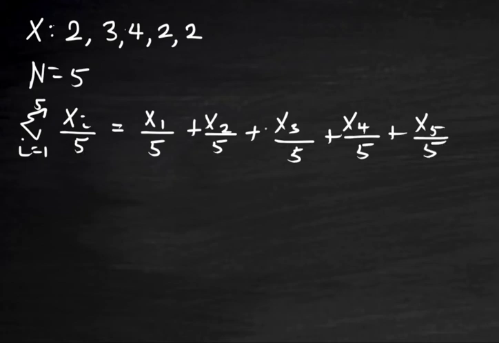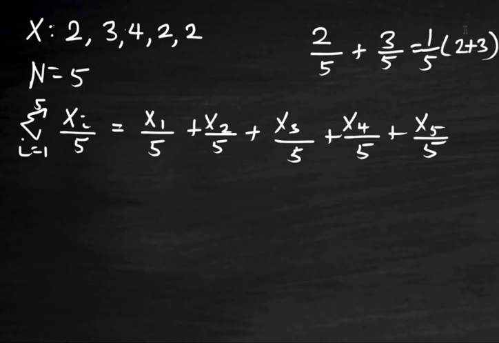So just right off the bat, you can see that writing 5 multiple times can be very redundant. So with mathematics, there's a shortcut. If you have two values, 2 divided by 5 plus 3 divided by 5, this is essentially the same thing as 1 divided by 5 times 2 plus 3.